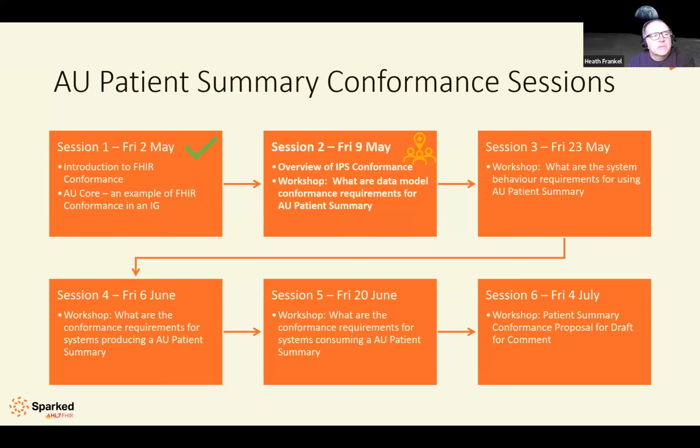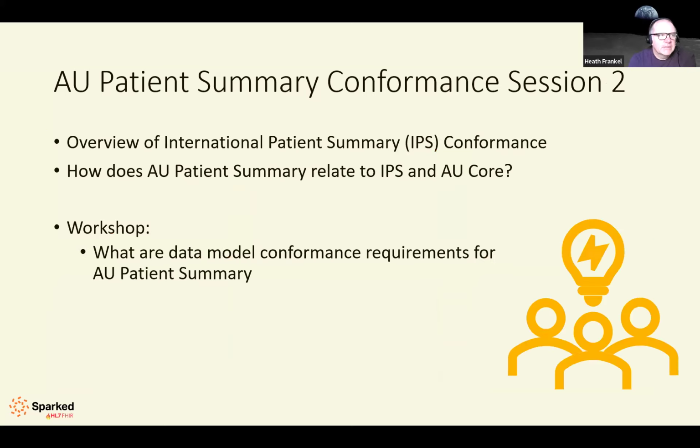This week, we're going to look at the IPS conformance statements in the implementation guide of the International Patient Summary. And then we're going to start workshopping to try and work through what it might look like from a data perspective in AU Patient Summary. And we've got other workshops planned for the next 4 weeks after today.